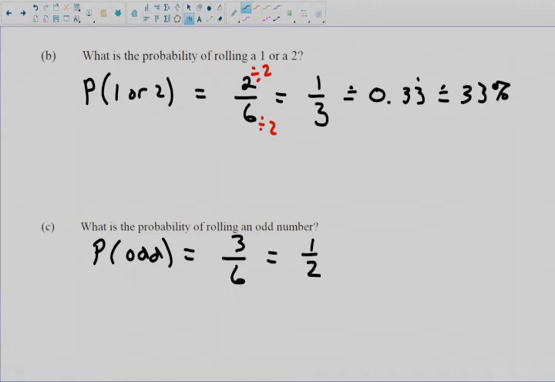Sorry, it gives 1/2, which is 0.5, because these 2 are divisible by 3. I should probably write that in. So we can reduce the fraction. And multiplying by 100 moves the decimal place 2 spaces, so that is 50%. So there is a 50% chance of rolling an odd number on a die.